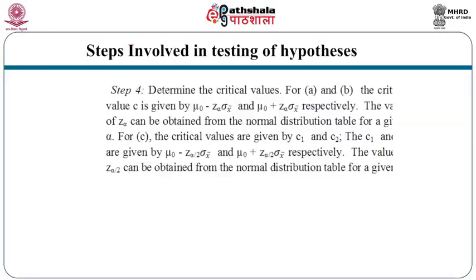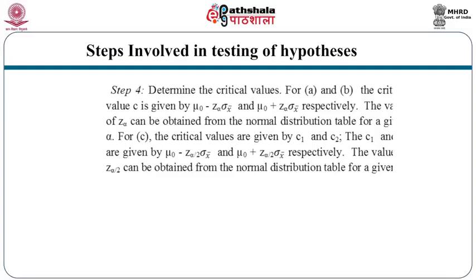Next, step 4, determine the critical value. Now how to compute a critical value? The critical value is given by mu naught minus z alpha into sigma x bar and mu naught plus z alpha into sigma x bar. Now sigma x bar is nothing but sigma by square root of n.